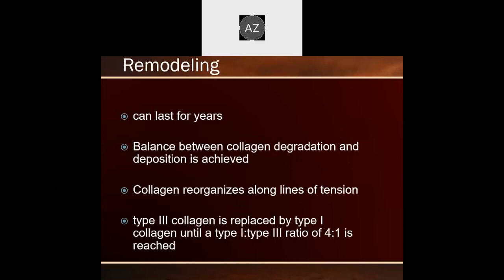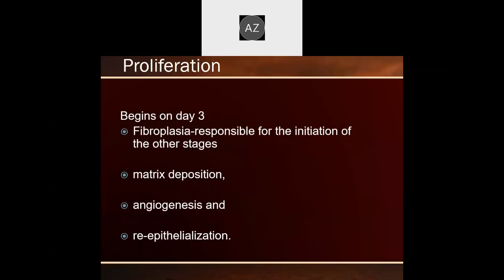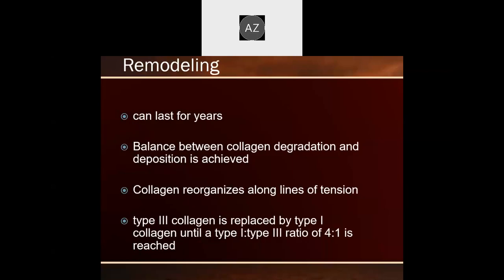He healed. Then the remodeling stage takes, and it can last many years. And then the balance between collagen degradation and deposition is achieved here. Collagen reorganizes along the lines of tension.